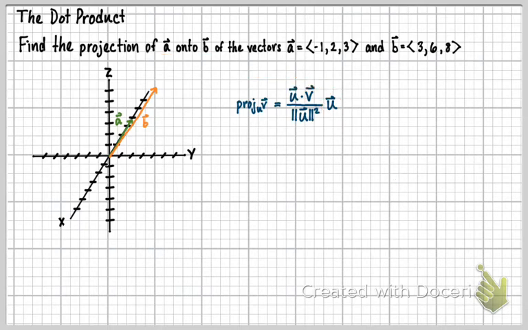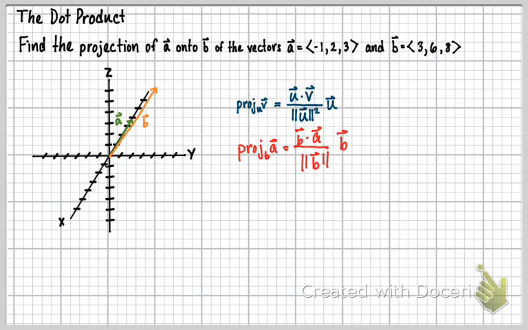We have a projection of A onto B. So my B would go down here, my A would be here, and this is going to be my u, again being B. So I'm going to have vector B dot vector A over the magnitude of vector B times, oops, put my u in, vector B. So there's our setup.